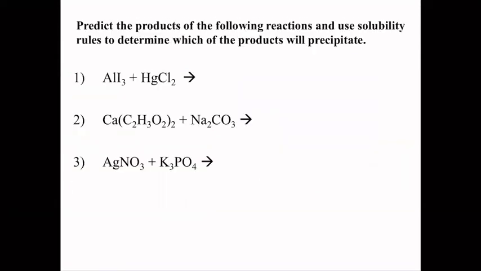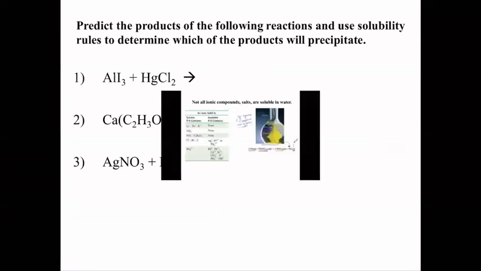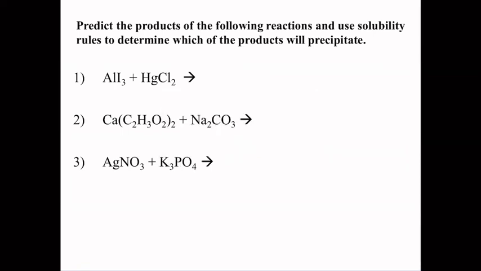Then we are going to go through problems here to understand how we can predict the products for a double replacement reaction. And we can see which of the products is actually going to be the one that precipitates.